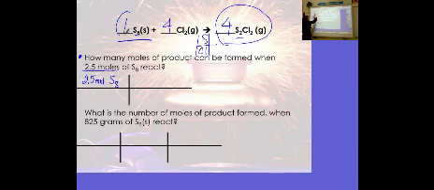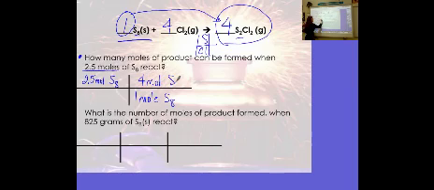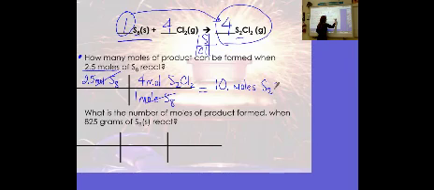When you're in moles, you can use your conversion factor, which in this case is 1 to 4. 1 mole of S8 equals 4 moles of S2Cl2. Moles cancel with moles. 2.5 times 4, we can do this in our head, gives me 10 moles of S2Cl2.